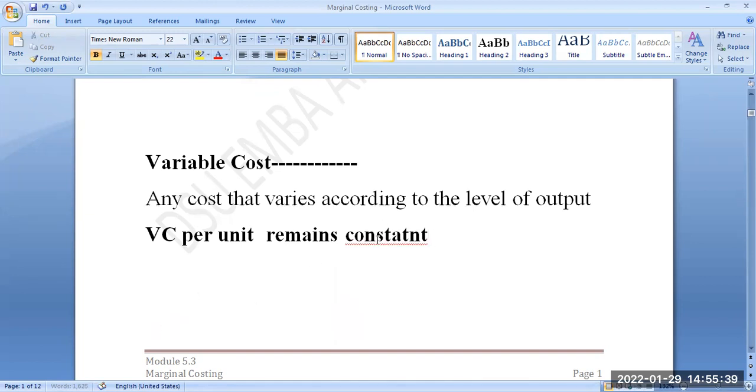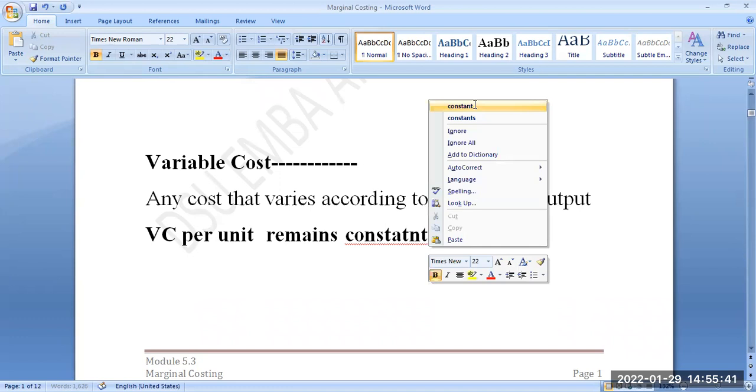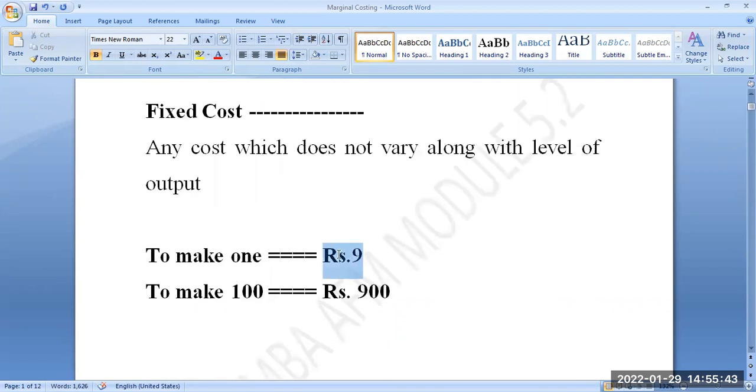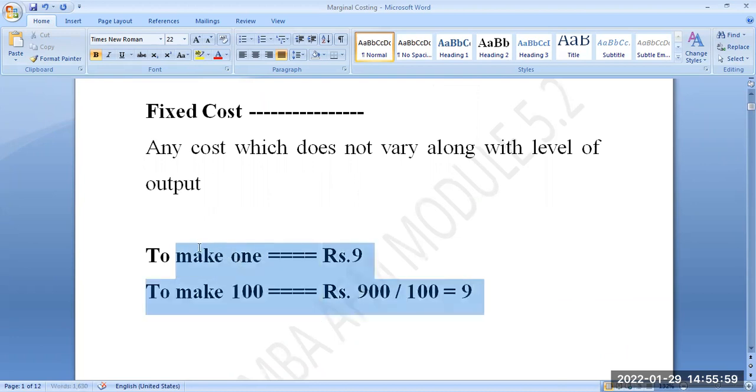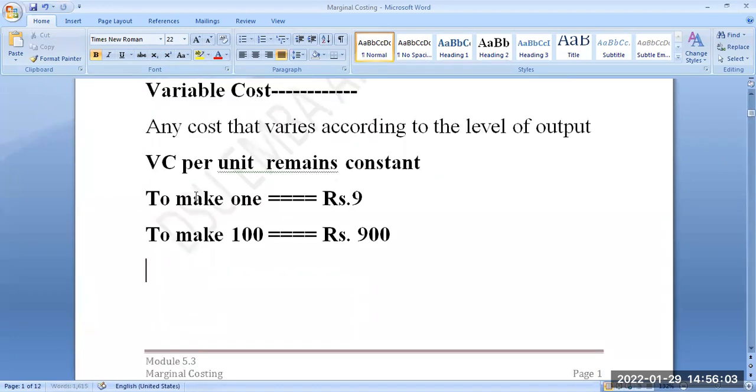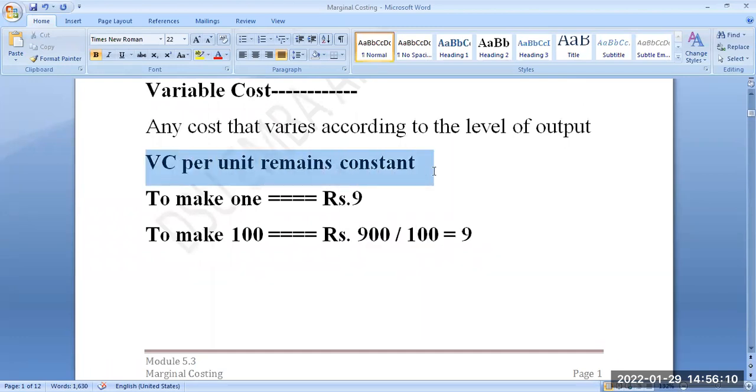To produce one notebook, how much do I spend in terms of paper? 9 rupees. To produce 100 notebooks, I'm spending 900 rupees in total. But if you divide 900 by 100, per unit cost is only 9 rupees. So variable cost per unit remains constant.